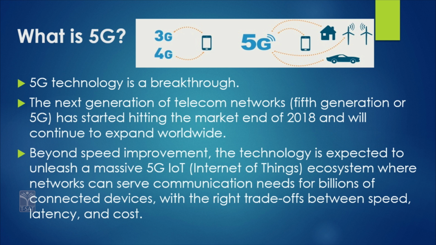That is an advantage. 5G technology is a breakthrough. The next generation of telecom networks, 5th generation or 5G, started hitting the market at the end of 2018 and will continue to expand worldwide. In late 2018 it entered the market.